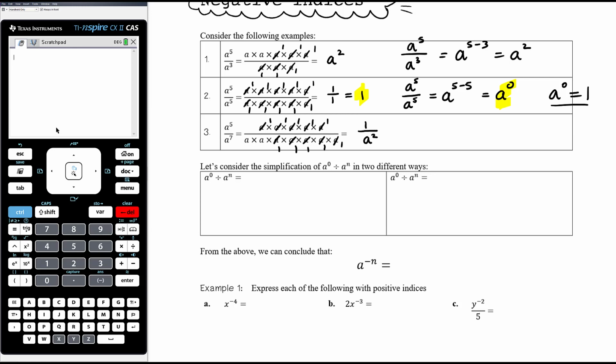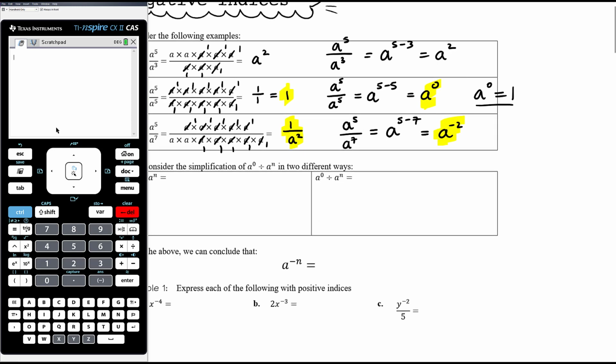Okay, if we think about this using our index law for division, like we have with all the previous examples, if we have a to the power of 5 over a to the power of 7, we do a to the power of 5 minus 7, which is a to the power of negative 2. And once again, like example 2, we have done this in 2 different ways to find 2 slightly different results, and therefore, what we learn here is that a to the power of negative 2 is the same as 1 on a squared.